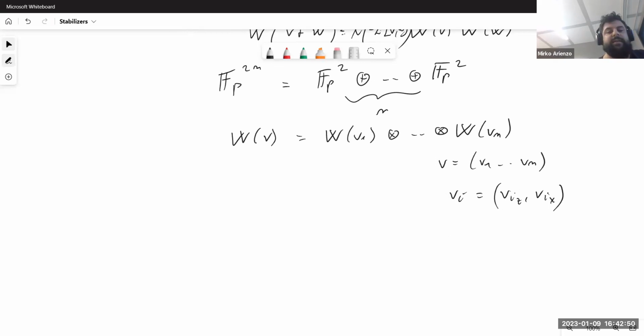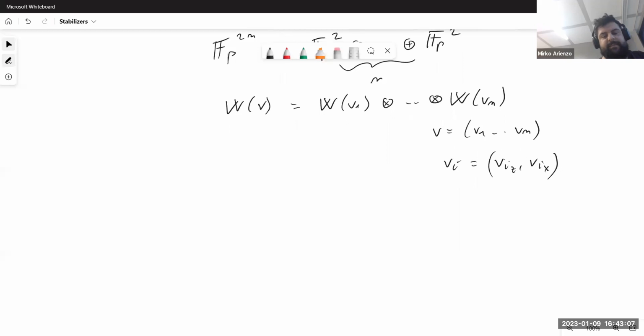And secondly, we looked at the center-fixing automorphisms, and we observed that they have to satisfy a particular form.